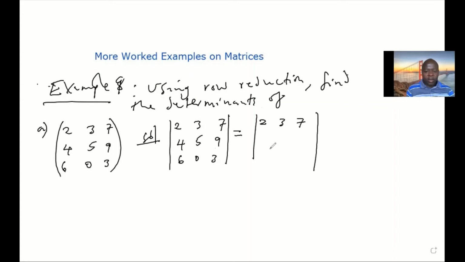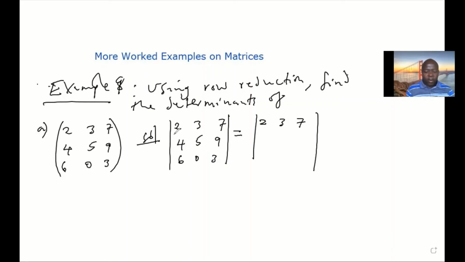So how do I get a zero here? In fact, I should have begun by factoring 2 outside, because I've discovered that this column has a common term, which is 2. But since I've already started, let me just continue.